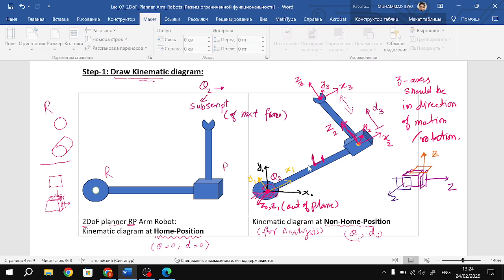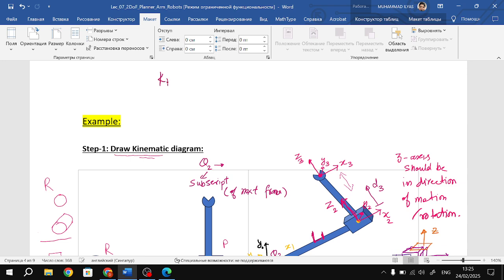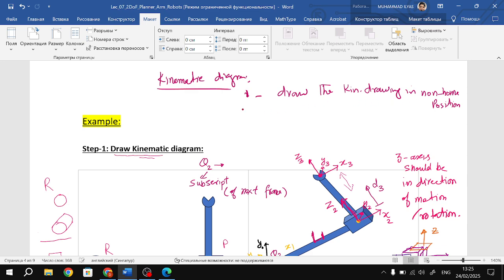Let me write the steps. For our kinematic diagram, there are maybe 3 or 4 steps. First, draw the robot kinematic diagram in non-home position, because you are going to analyze the forward kinematic, inverse kinematic like this.